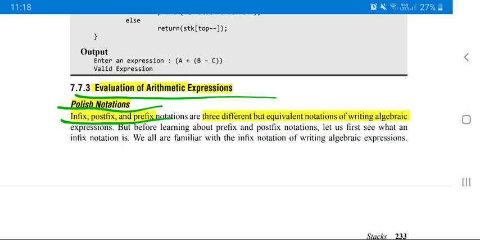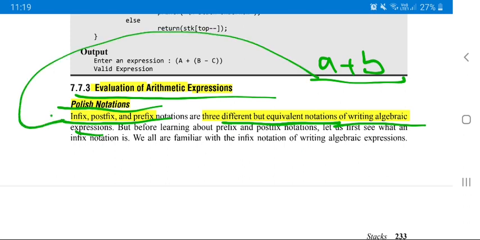Infix, postfix and prefix notations are three different but equivalent notations for writing an algebraic expression. That means in mathematics we write a plus b. We call this an infix expression. Normally what we write in mathematics is an infix expression.